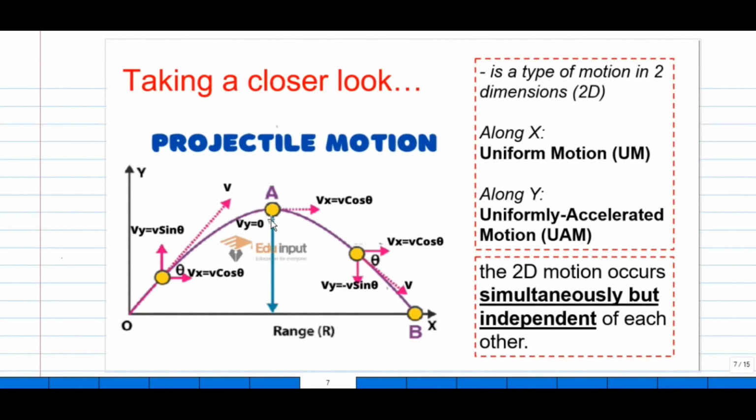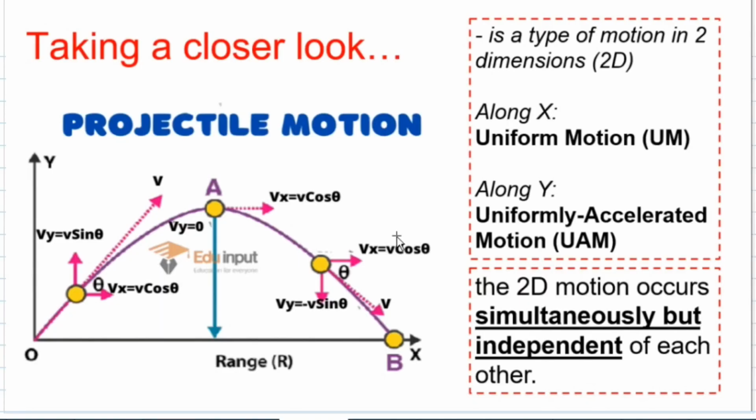So from that, we can say that although these two types of motion, along x it's uniform motion and along y it's uniformly accelerated motion, although they occur at the same time, they do not affect each other. They are totally independent of each other. Okay, so I hope everything is clear now.